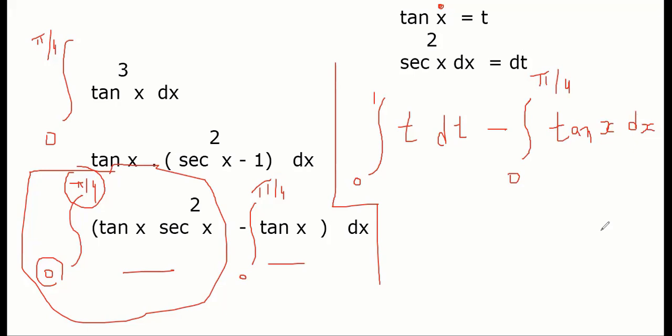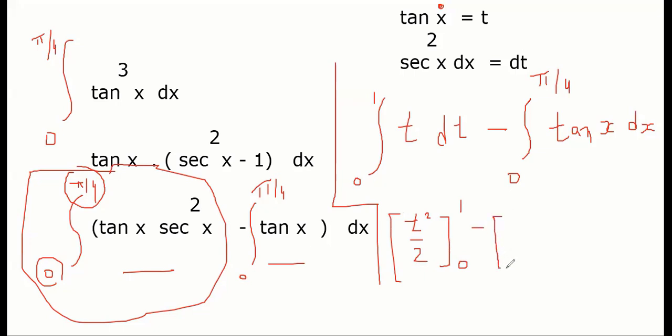Easy. Now it's a simple solution. What is the integration of t? t square by 2, and the limits are 0 to 1.